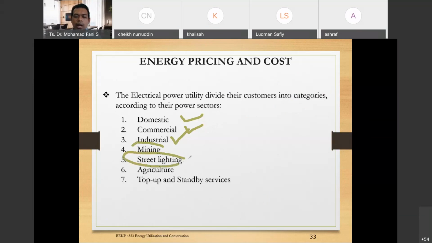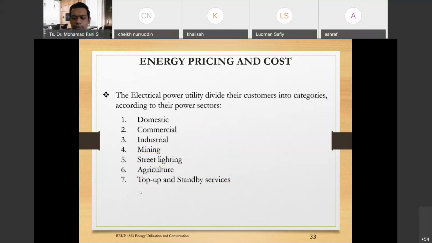Street lighting has its own tariff structure. Agriculture has its own design. Then top up and standby service, which is for the generator standby service from the utility.